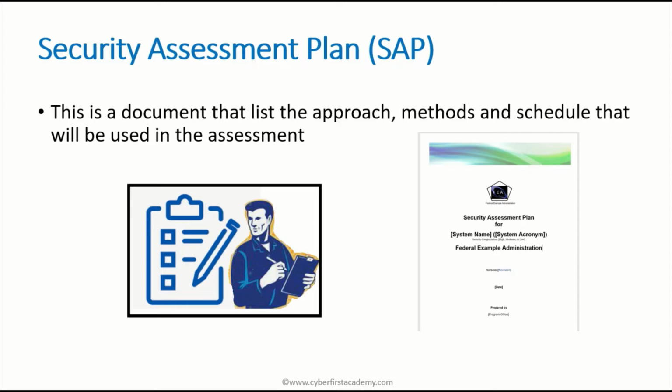In some organizations, they have the assessor develop a PowerPoint presentation based on the SAP that goes over the document. It takes key sections of the document and has them in PowerPoint form just to go over with the client. Most of the time, this is done at the kickoff meeting.